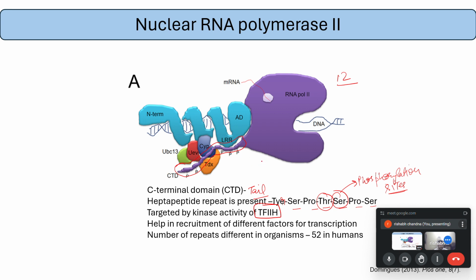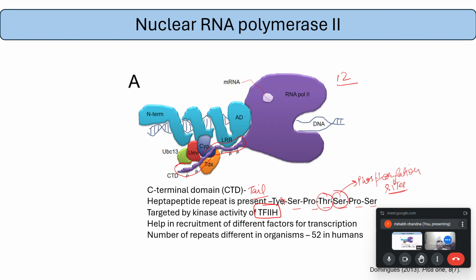And secondly, as the RNA processing starts, so RNA processing is co-transcriptional in eukaryotes, these phosphorylation sites at different serine residues will recruit the different enzymes for capping, splicing, and tailing also.